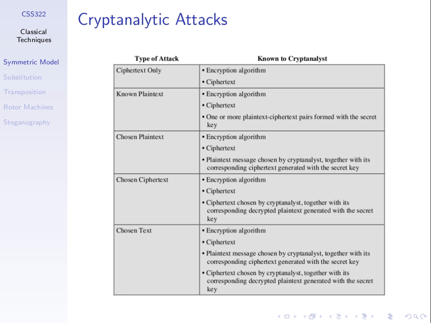What information the attacker knows has an impact on how easy it is for the attacker to find the key and the plaintext. These are some classifications of different types of attacks from the perspective of how much information the attacker knows.